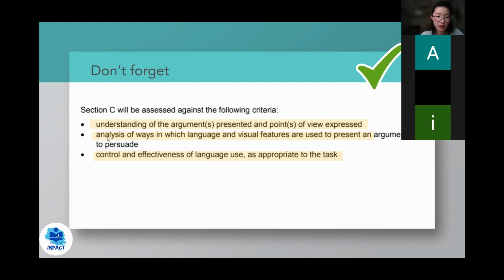Secondly, we want to see you demonstrate analysis of the ways in which language and visual features are used to present an argument and to persuade. So just some key places that showcase this. We're talking about the evidence that you choose. Think about the evidence that you choose to put in and the evidence that you choose to put out.